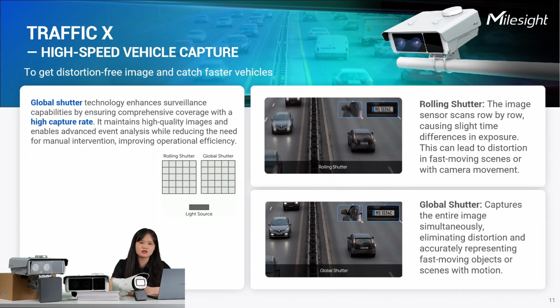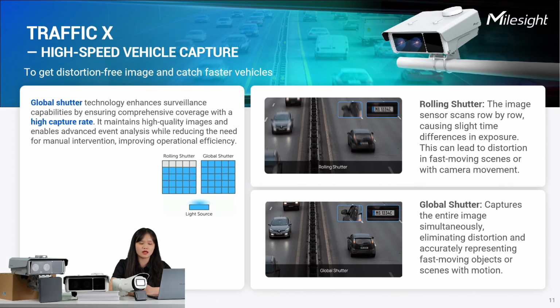But if you use the rolling shutter to capture fast-moving vehicles, this one-by-one light entering process may inevitably cause time latency, which may then cause ghosting issues in the captured image, so we need a faster light intake mechanism, which can be achieved by the global shutter.